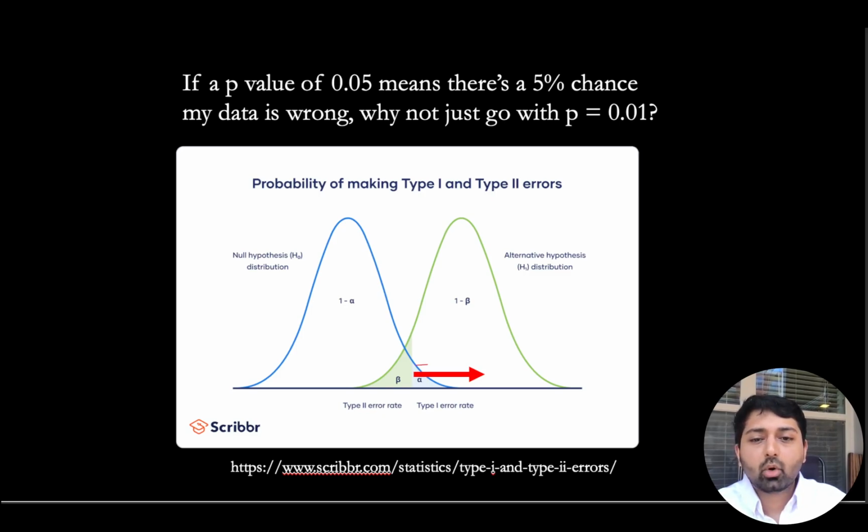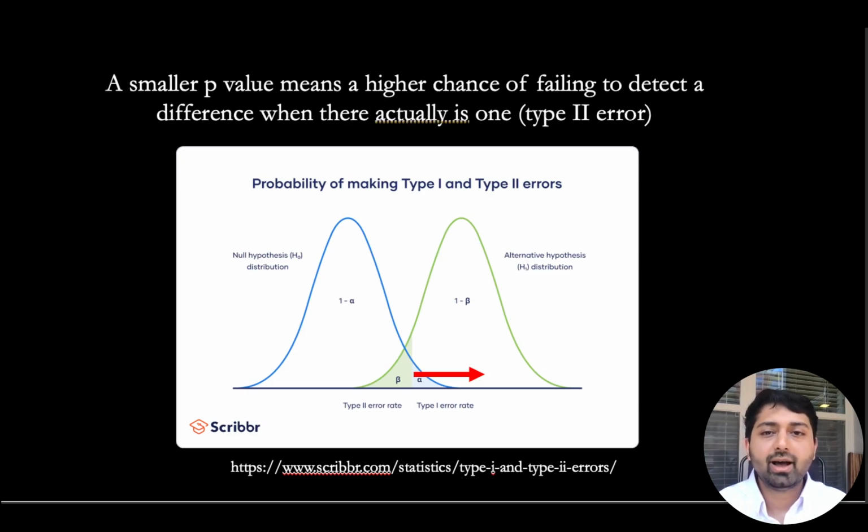So as you get more confident in your data, as you use a stricter p-value, you have a higher false negative rate. A smaller p-value means there's a higher chance of failing to detect a difference when there actually is one. So basically a smaller p-value means you have a higher possibility of a type 2 error.